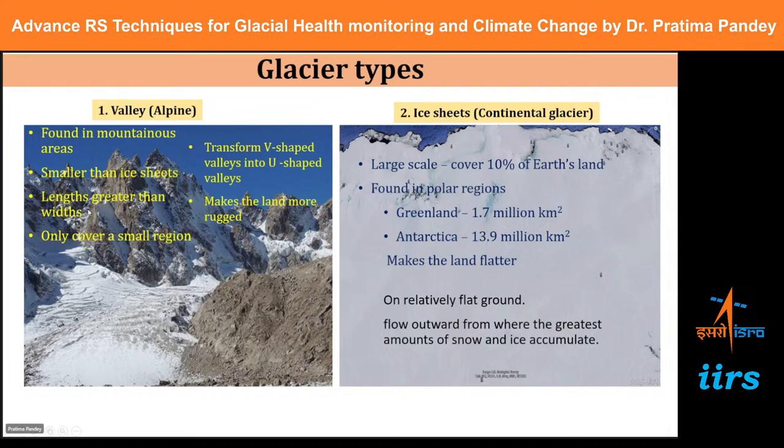Their length is greater than their width, and they cover only a small portion. Also, they transform a V-shaped valley into a U-shaped valley. Continental glaciers form in relatively flat regions like Greenland, Antarctica, and Alaska, and in the continental glacier, the ice flows outward from the midpoint.